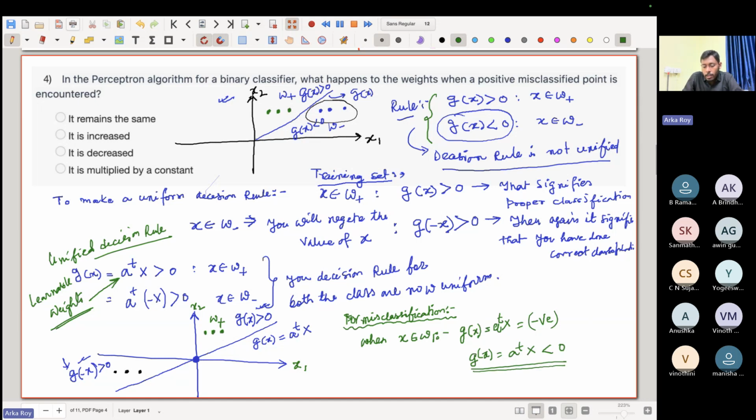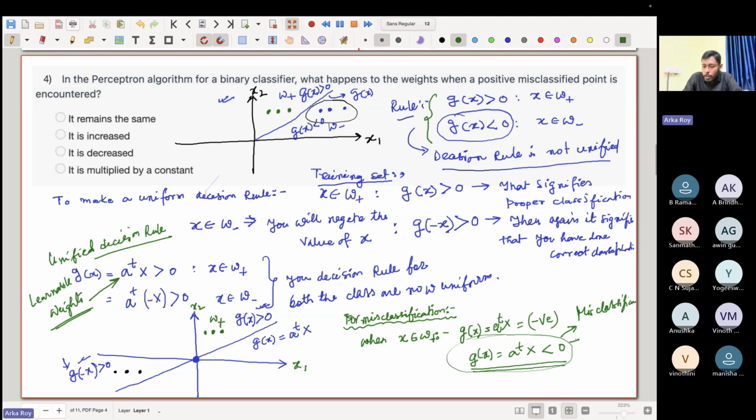In this particular condition, you can see that for correct classification, your decision rule was always greater than 0. Now, let's say for misclassification, when x belongs to omega plus class, the positive class, that means in this particular area, you are evaluating with some value of x, and your g of x evaluated value is negative 1. So that means this indicates misclassification.